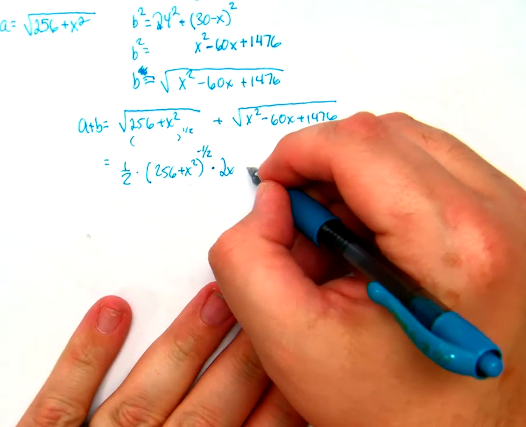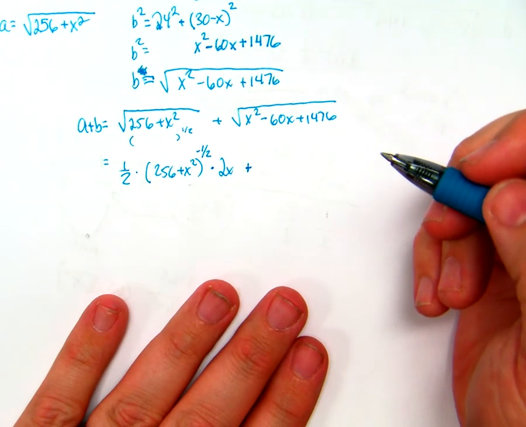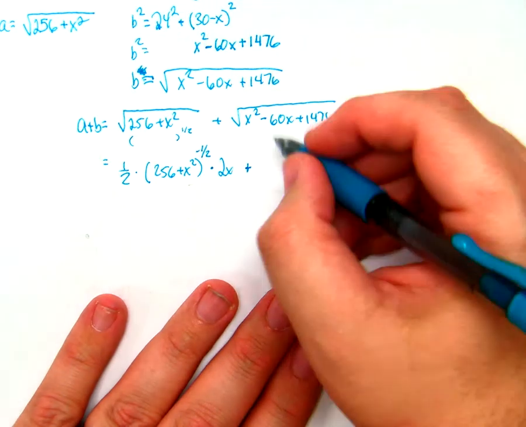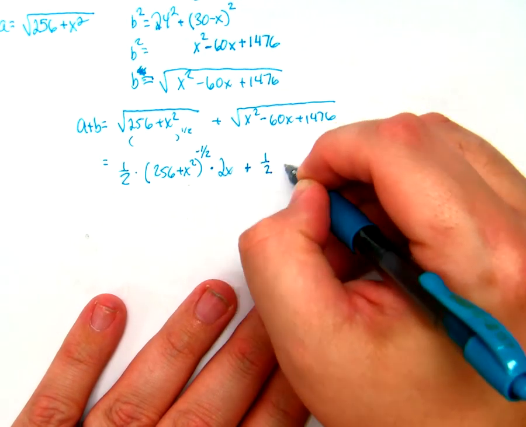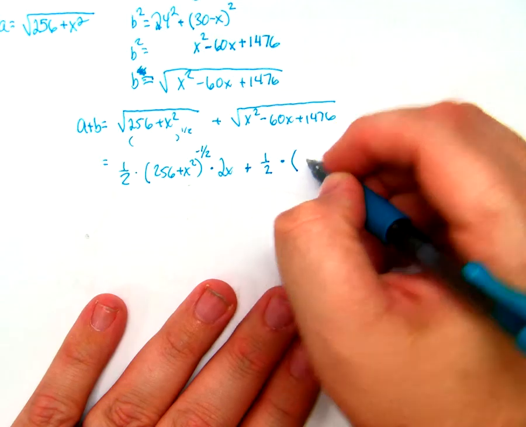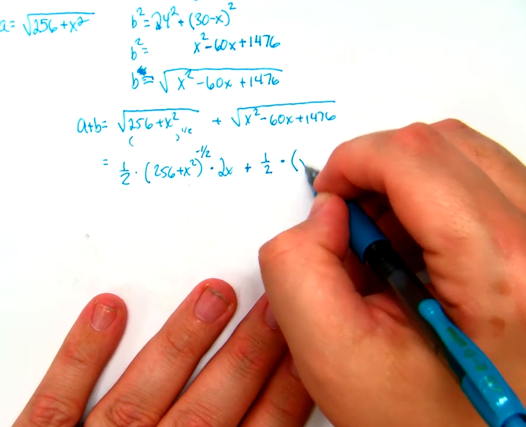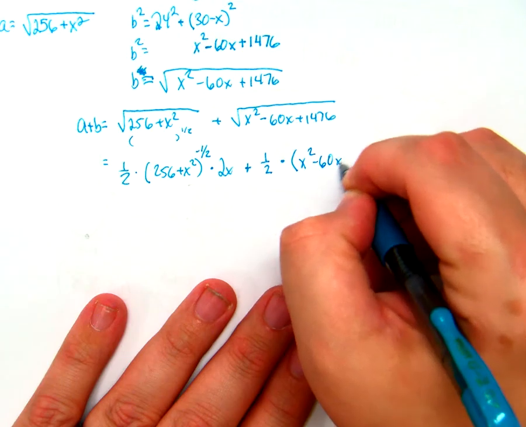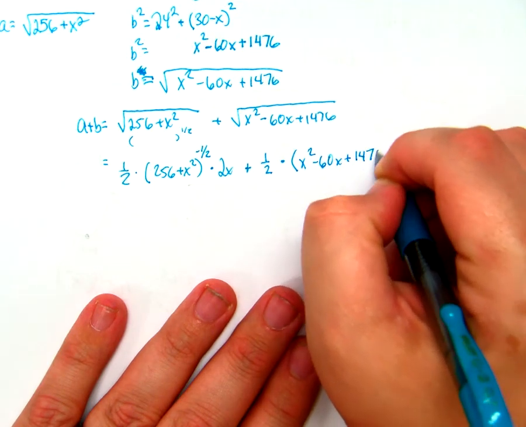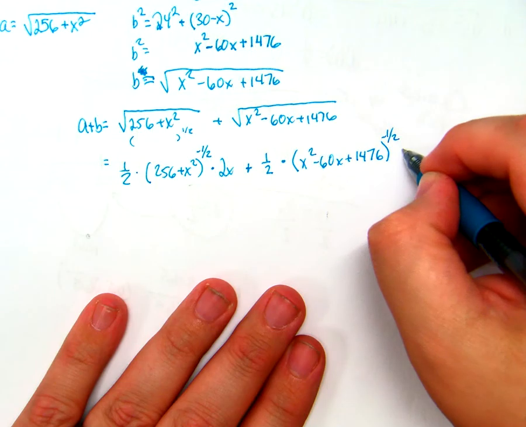Plus one half times x squared minus 60x plus 1476 to the negative 1/2 times what? 2x minus 60.